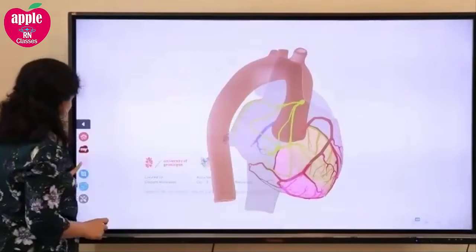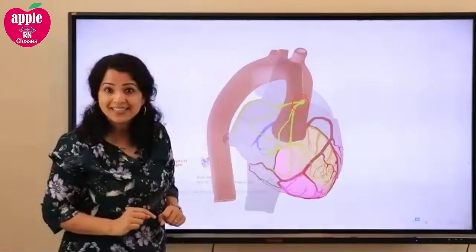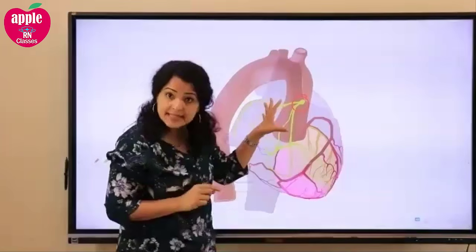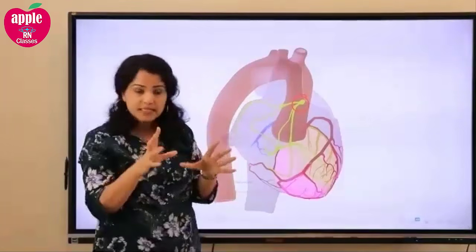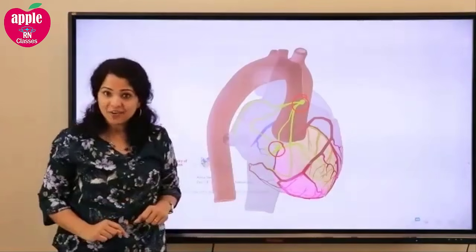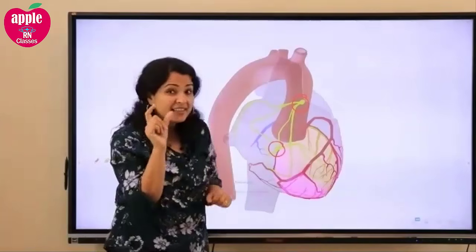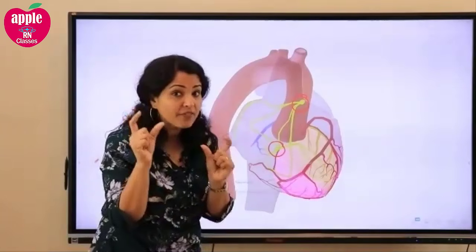Let me write that down here so you can understand. This is our SA node. When there is an impulse from the SA node, it goes into the AV node down there, and you can see a little thick bundle after the AV node.